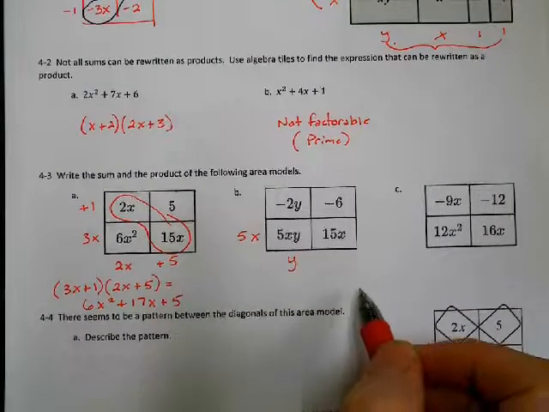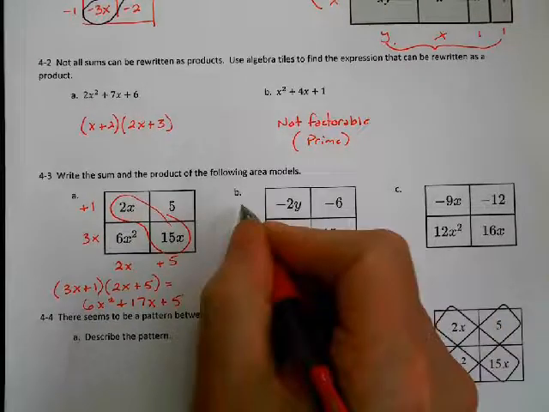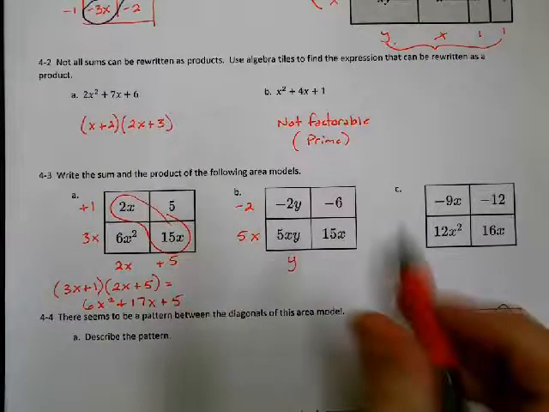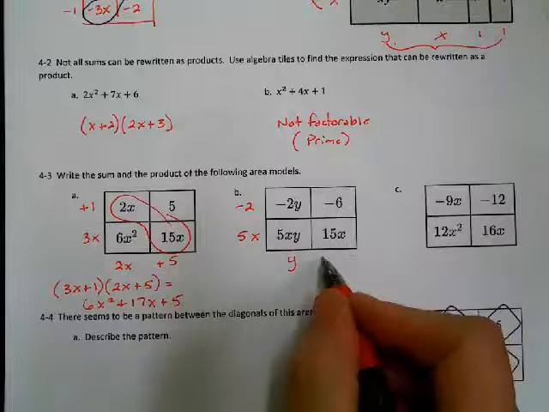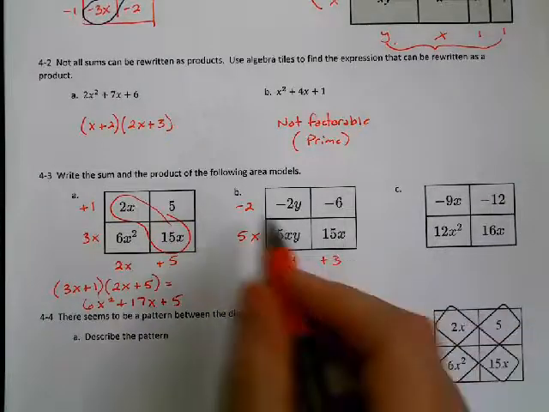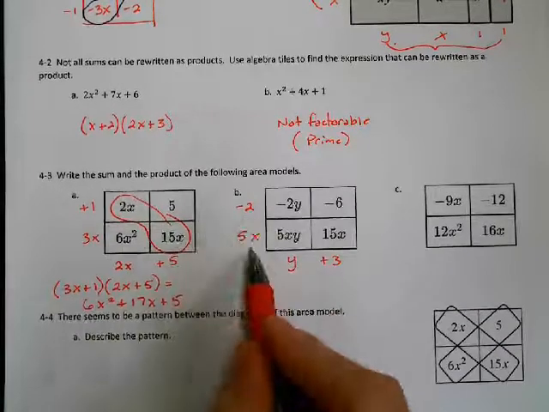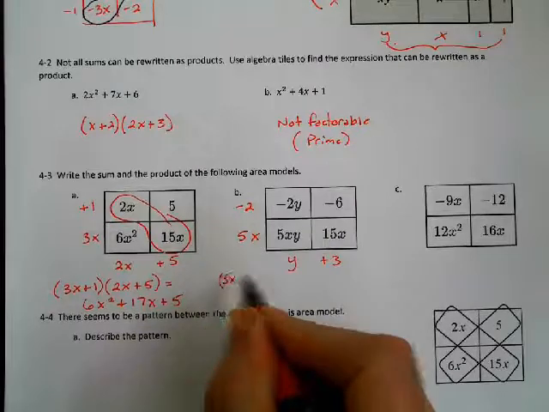Then something times y equals -2y, so this must be -2, because -2 times y is -2y. Then 5x times something equals 15x, that must be 3. And then 3 times -2 is -6, looks like it's working. So my product is 5x minus 2 times y plus 3.